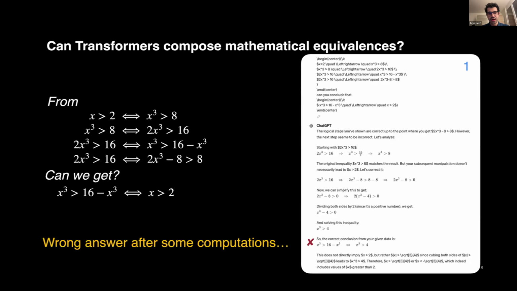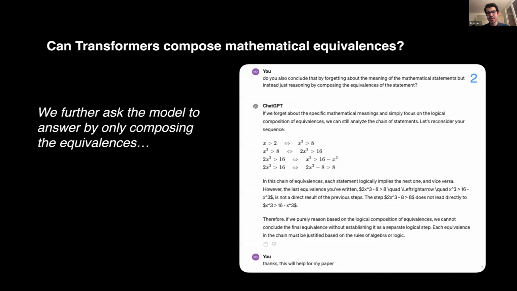Next we asked it to just consider the equivalences and see whether it can combine them such that you get this final equivalence, and it failed again. So it seems that, at least with ChatGPT 3.5, ChatGPT 4 already does a bit better, but still they struggle with this basic sort of reasoning.